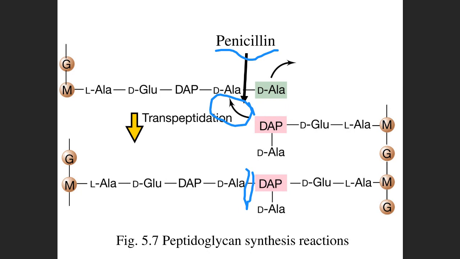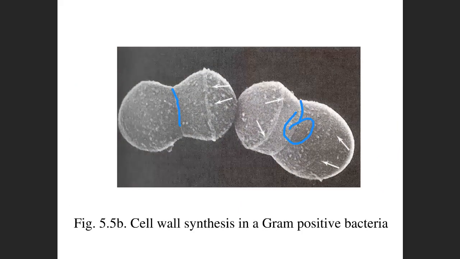Now, why is that important? Well, it is important because if we come back here, when you have penicillin, the new cell wall, this part, the peptidoglycan is not cross-linked.